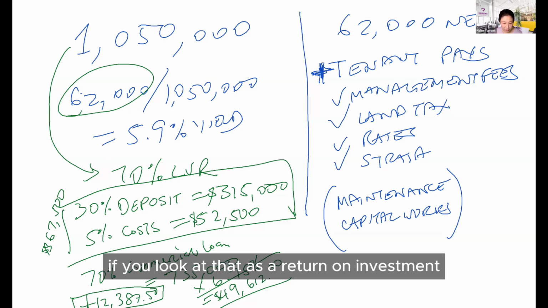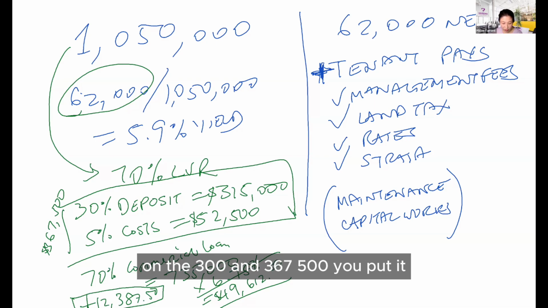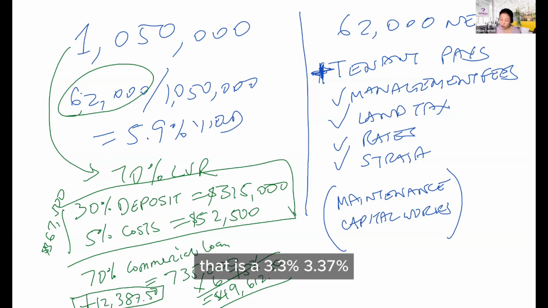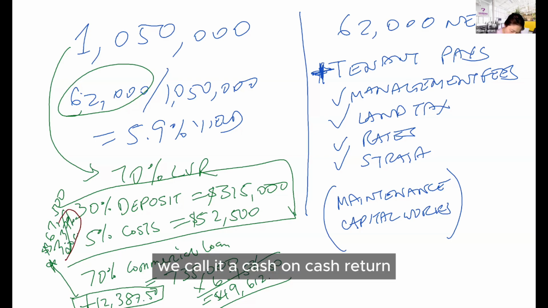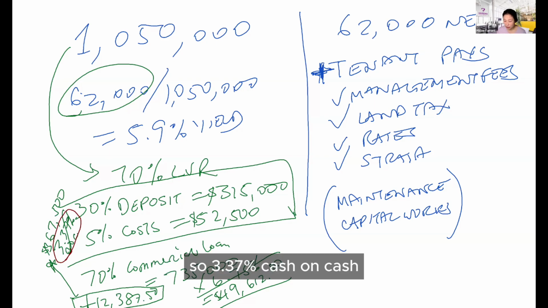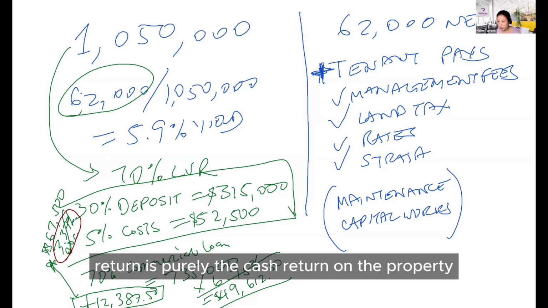Now, if you look at that as a return on investment on the 367,500 you put in, that is 3.37%. That's a 3.37% cash on cash return, right? We call it a cash on cash return. So 3.37% cash on cash return is purely the cash return on the property.